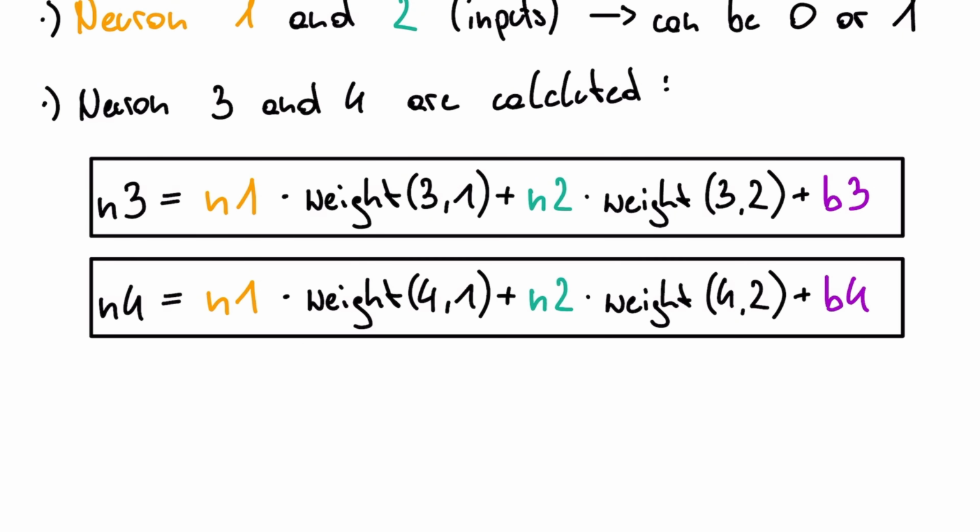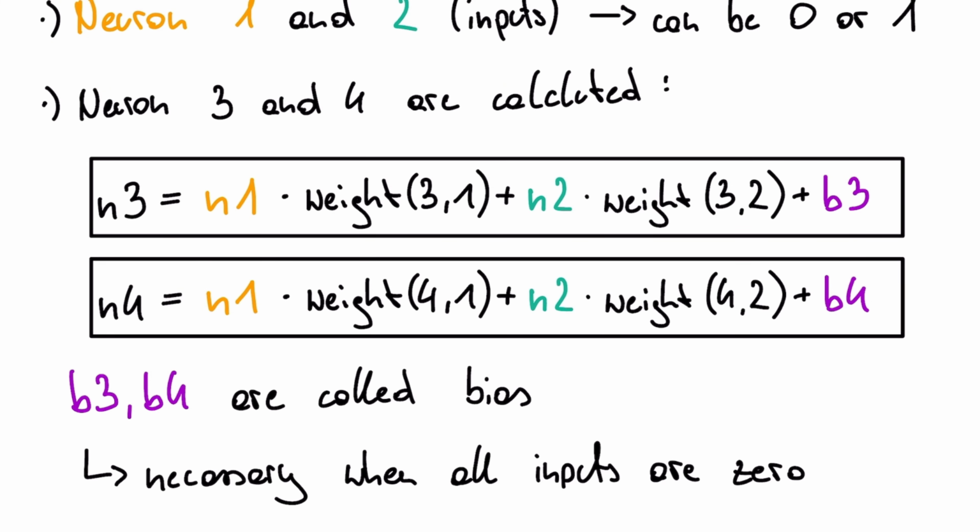So now, what exactly are B3 and B4? These are what we call the bias terms. Why do we need this bias? Well, imagine both inputs N1 and N2 are 0. That would make both N3 and N4 equal to 0 because multiplying by 0 gives 0.